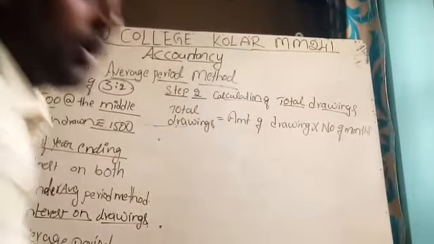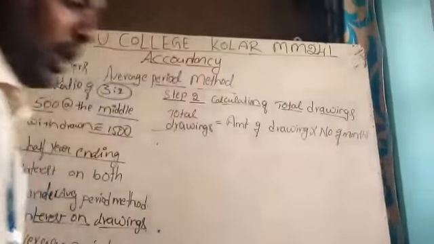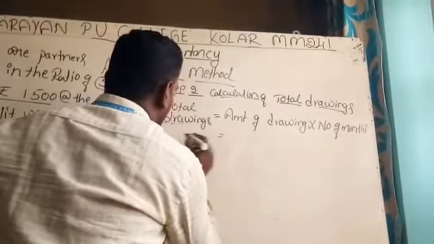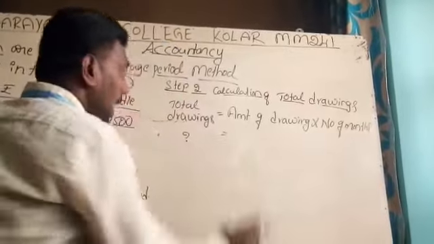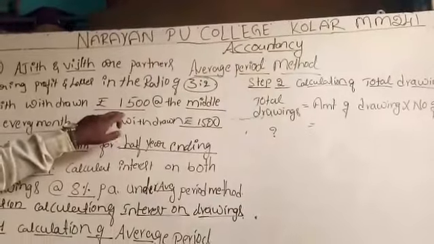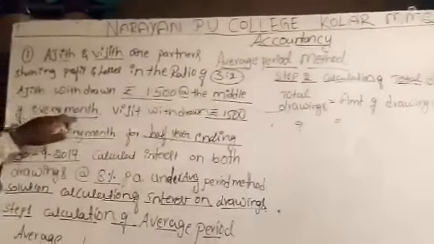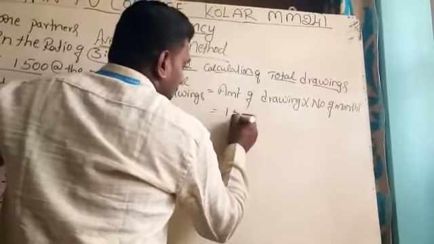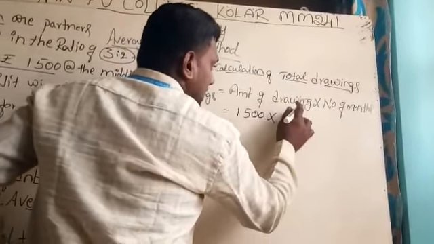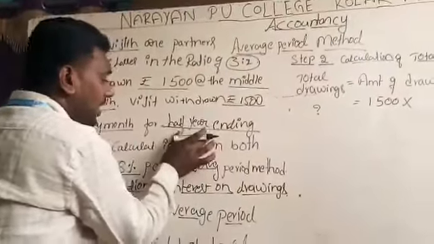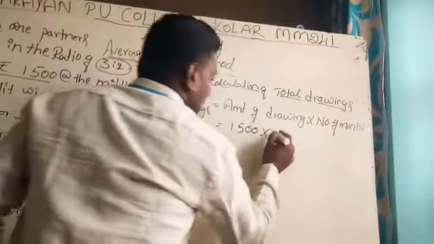With the help of this we have to calculate the interest on drawings. Here the total drawings we don't know, this is the question mark. The amount of drawings which is available in our question is 1500 at the middle of every month. Ajit is making the drawing, so 1500 is the amount of drawings into number of months. For the half year ending, half year means we get 6 months.